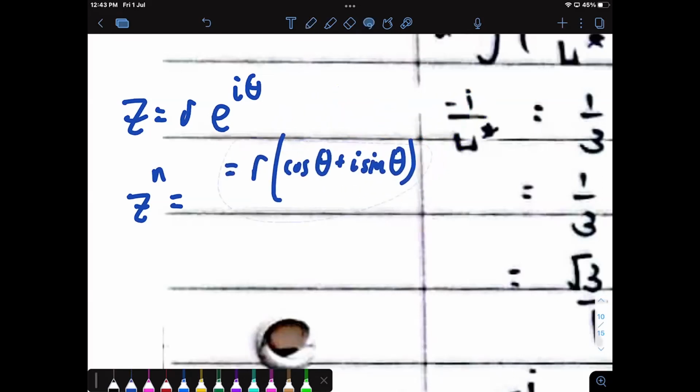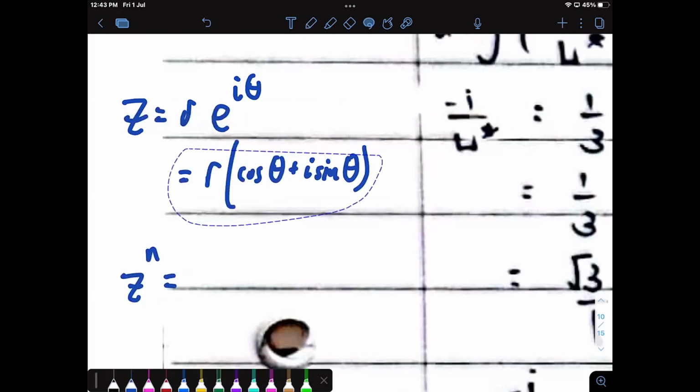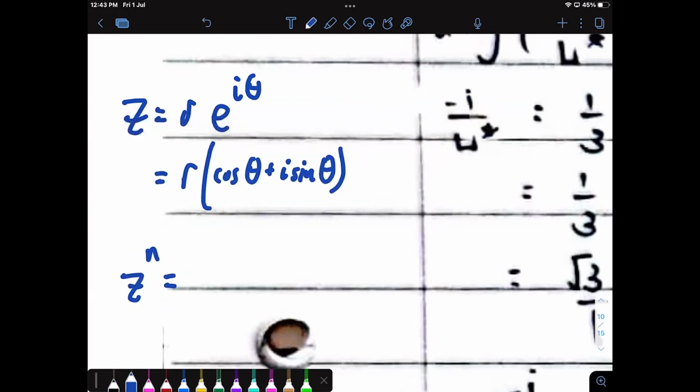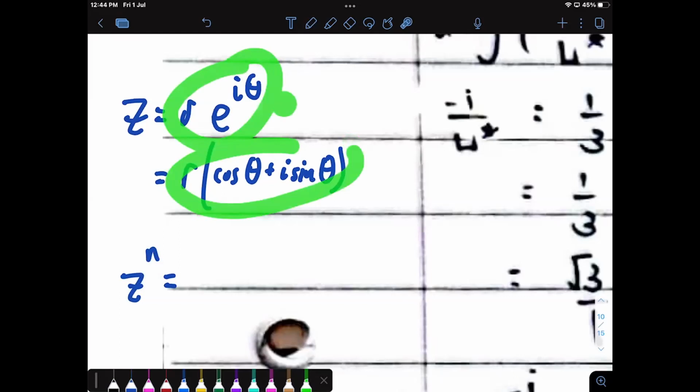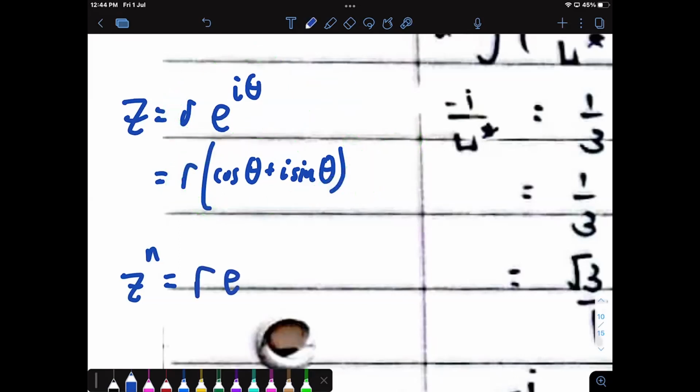Then that's not enough, because we are now going to figure out what z to the power of n is. Let's see which is easier to raise to the power of n, the first or the second? The first one, because it's already exponents.